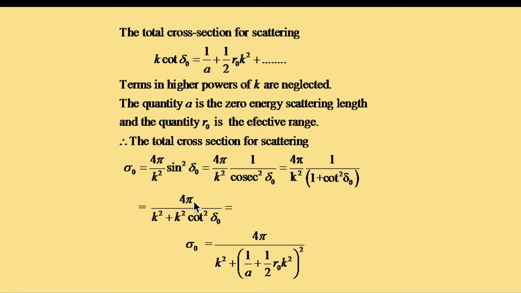So sigma 0 is 4 pi by k square plus k square cot square delta 0, which can be written as sigma 0 equals 4 pi by (k square plus (1 by a plus 1 by 2 r0 k square) whole square). So you have an expression for the total cross section for low energy scattering in terms of R0 and A. That means R0 is your effective range and A is your zero energy scattering length.